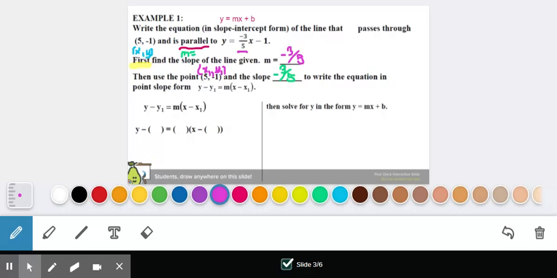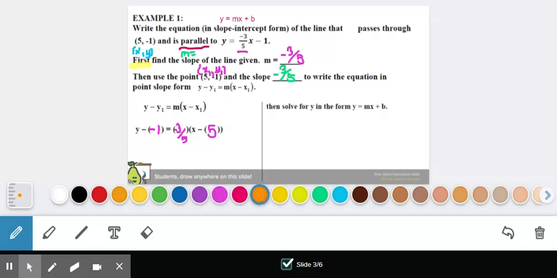So my y1 value is -1, my m value is -3/5, and my x1 value is 5. Okay, so now I need to rewrite this cleaner and prettier.